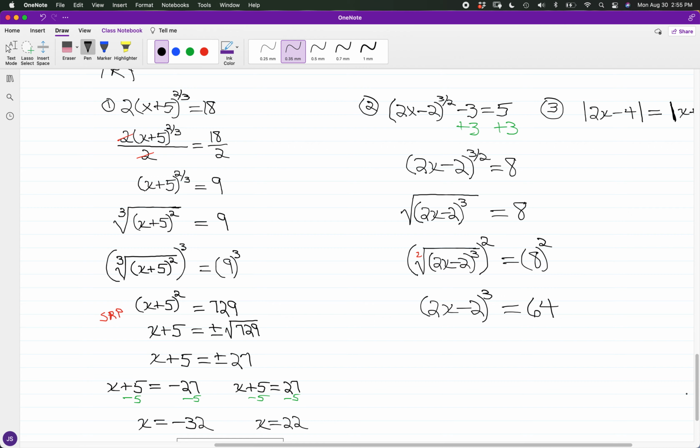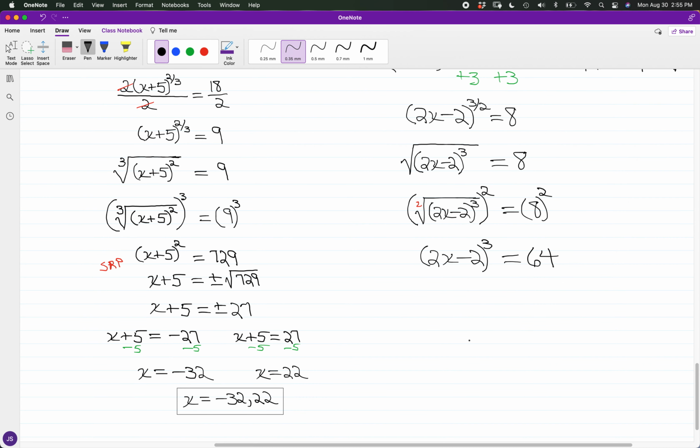Now we have the cube of the quantity 2x minus 2 equal to 64. Now there's going to be a sudden shifting of gears, kind of going in opposite directions. We got rid of a radical by taking an exponent. And now I'm trying to free the x expression from the parentheses where I have the whole entity raised to the 3rd power.